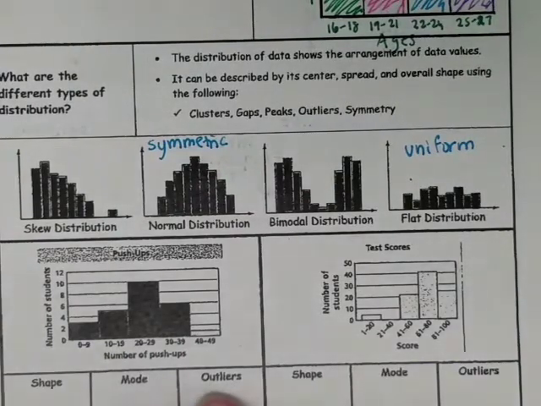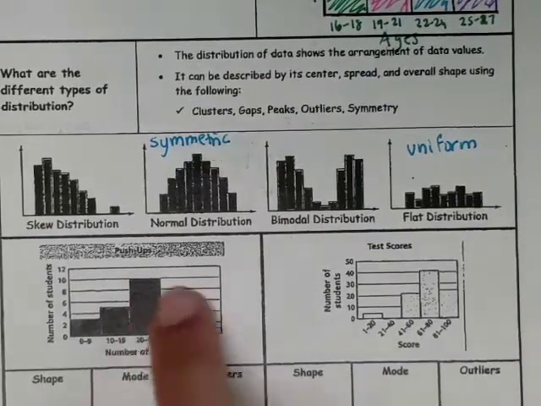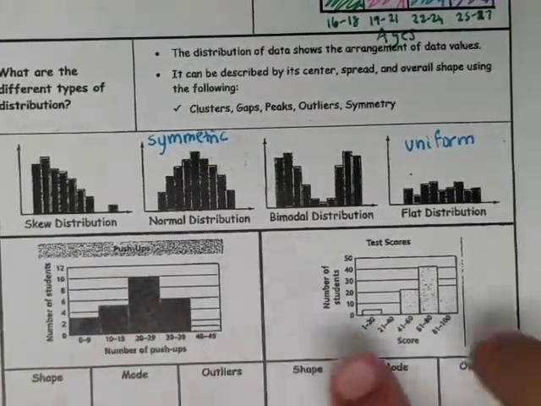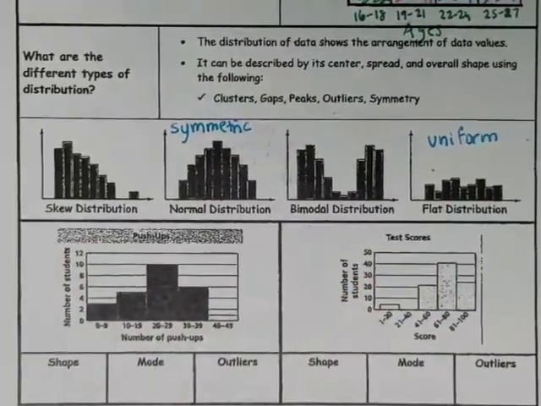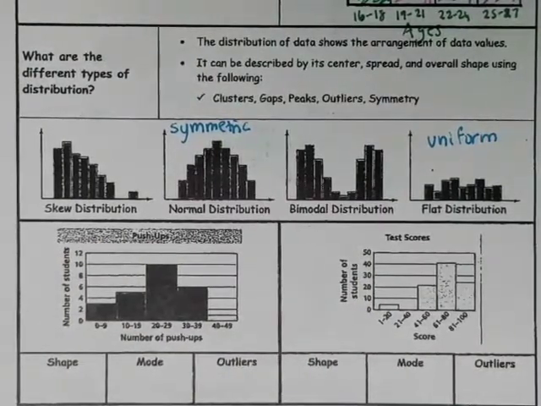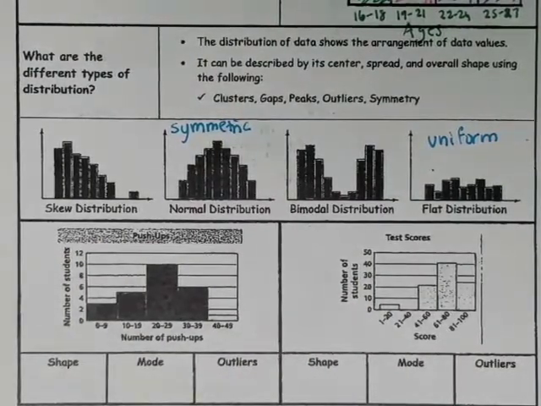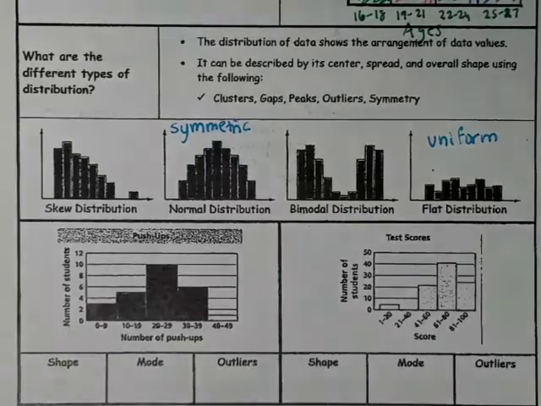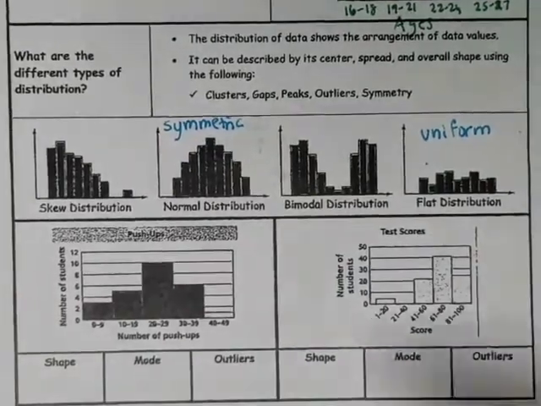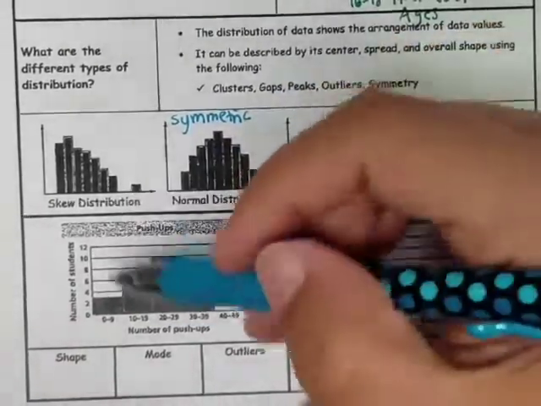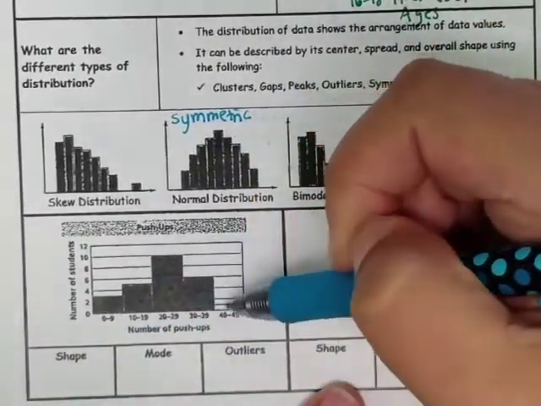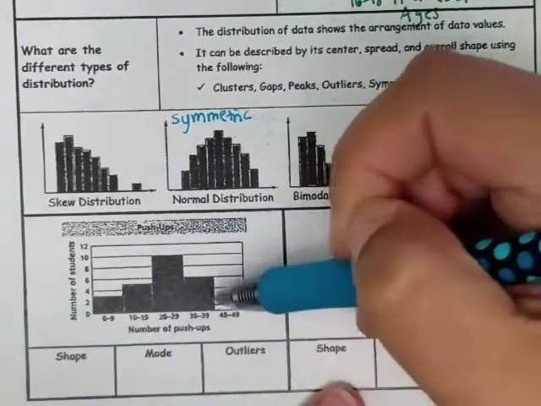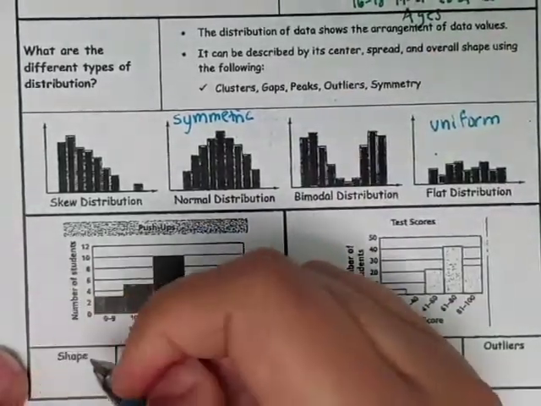So then what we're going to do is we're going to describe the center and shape using these two graphs right here. We're going to describe the shape for this one. So this one looks pretty normal. So symmetric is probably the shape that we have going here.